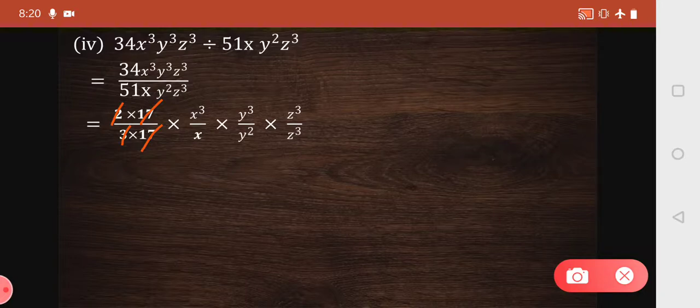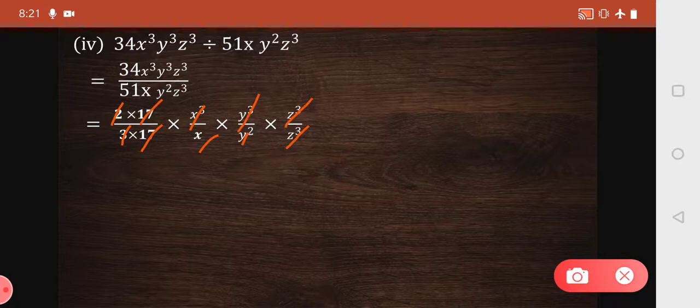So we have written multiply by x cube upon x. Again in the numerator there is y cube, and in the denominator y square. So we have written y cube upon y square. Similarly, in the numerator there is z cube and in the denominator also z cube. So we have written multiply by z cube upon z cube. We have separated the numerical coefficient and the same variables as numerator and denominator.